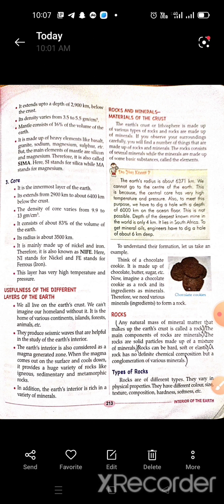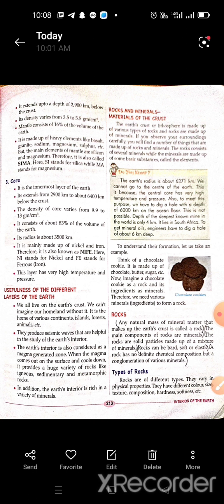It consists of about 83% of the volume of the earth and its radius is about 3500 kilometers. All of this is information that you need to know and keep in your mind. It is mainly made up of nickel and iron, therefore it is also known as NiFe. Here, Ni stands for nickel and Fe stands for ferrous, iron. So nickel and iron are the main elements that we get in core.